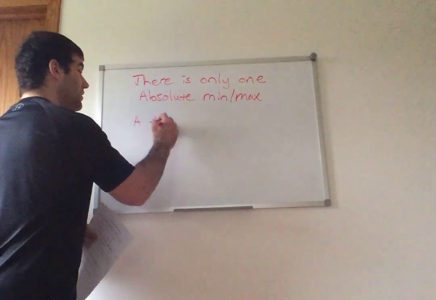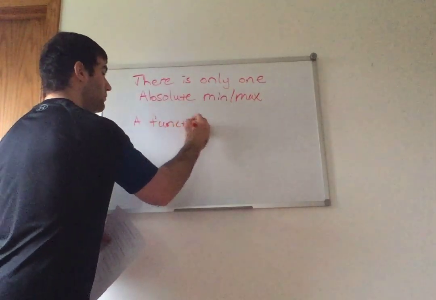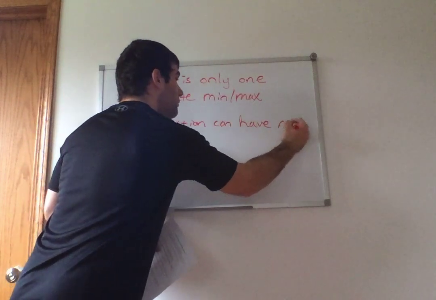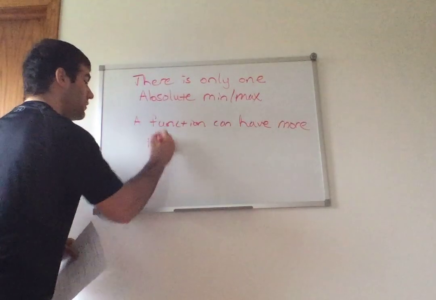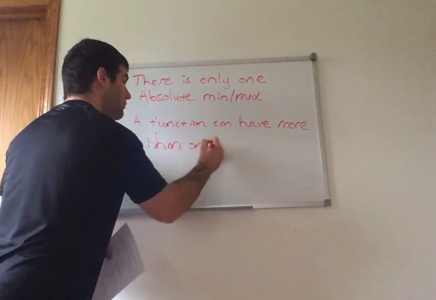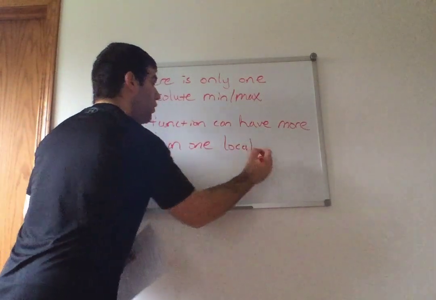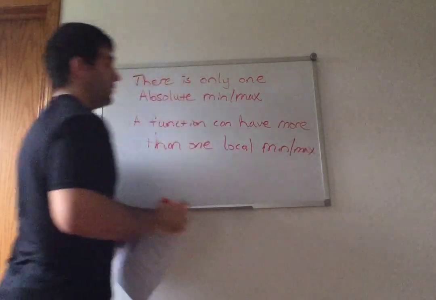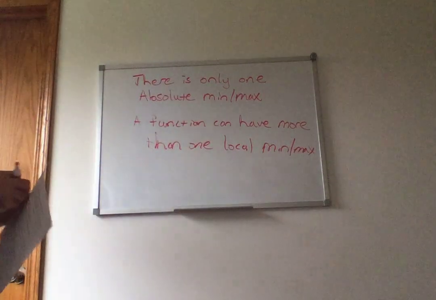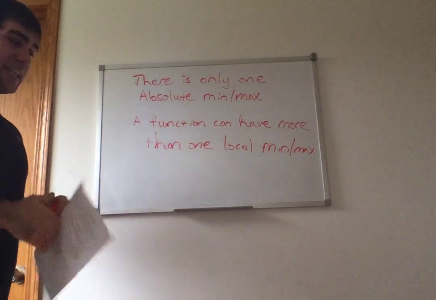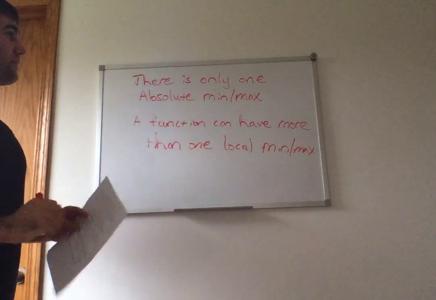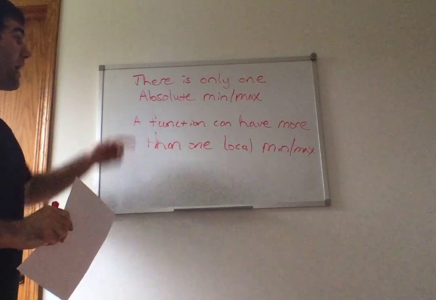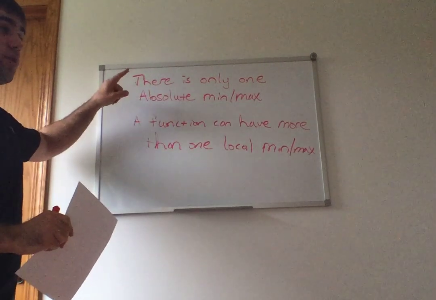So a function can have more than one local min slash max. Here's a key difference between the two definitions. For a function, if it has a local min or max, there's only one.